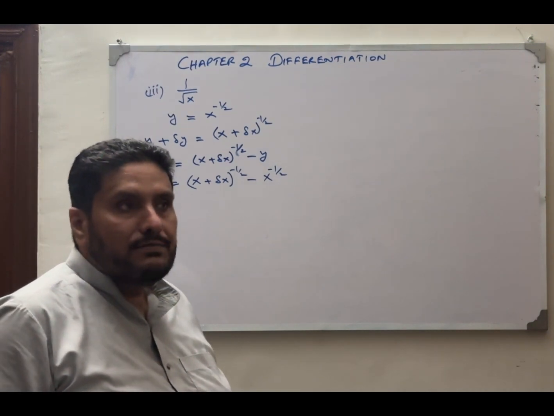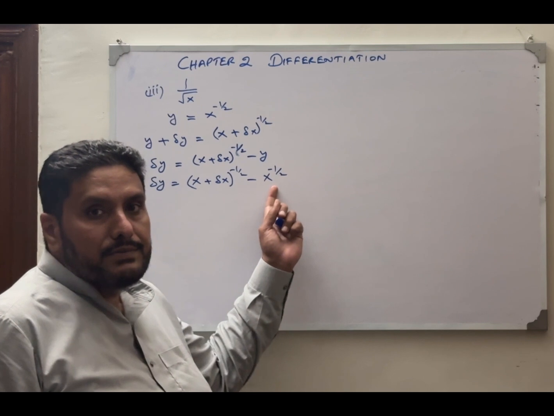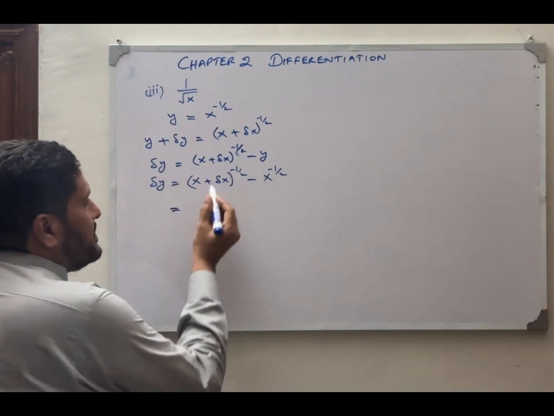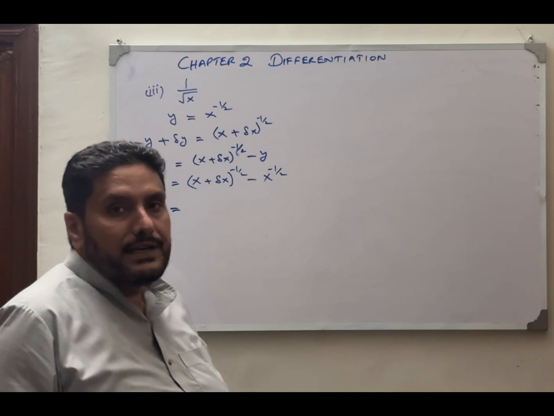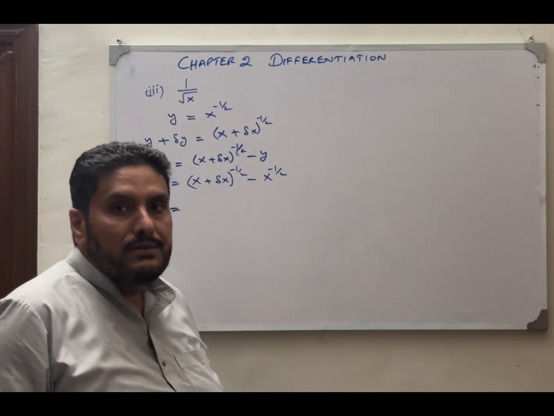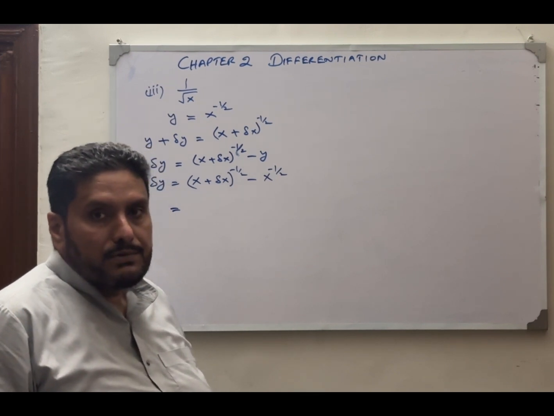We place the value of y over here. Now again, in this expression we have to take x power minus 1/2 common, and then use the binomial expansion as we did in the previous question.